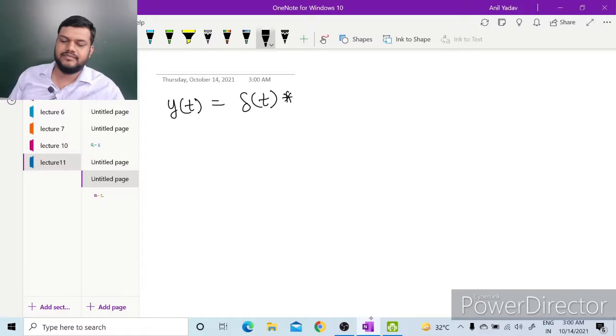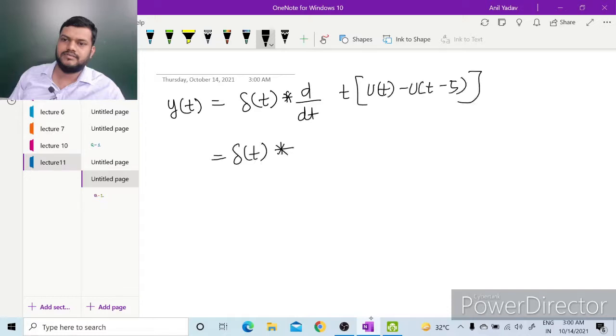So this will be d/dt of t[u(t) - u(t-5)], and this derivative will be, first function times derivative of second plus second function times derivative of first, which becomes t δ(t) minus 5δ(t-5) plus u(t) minus u(t-5).